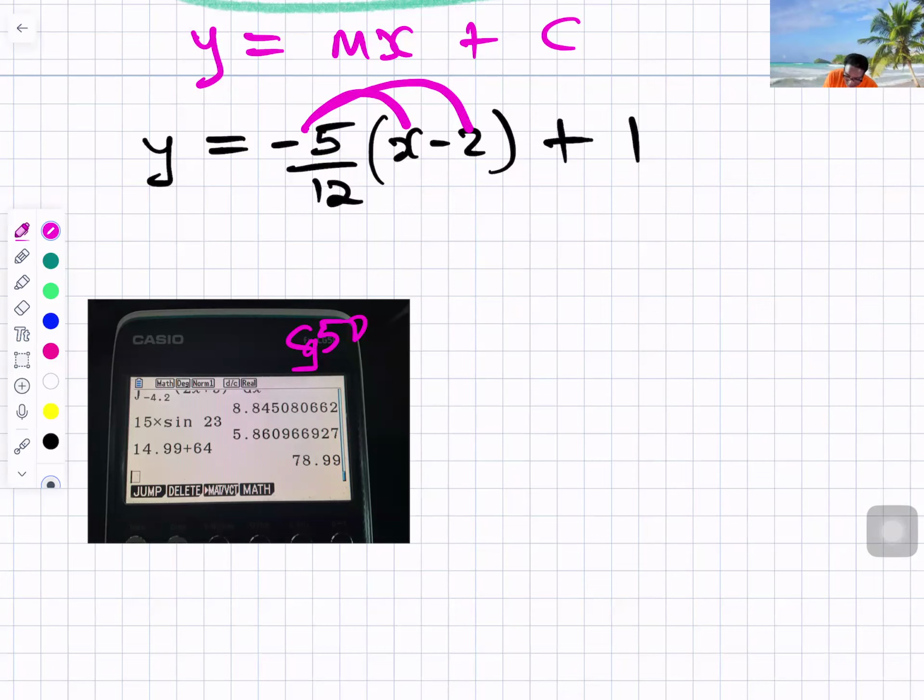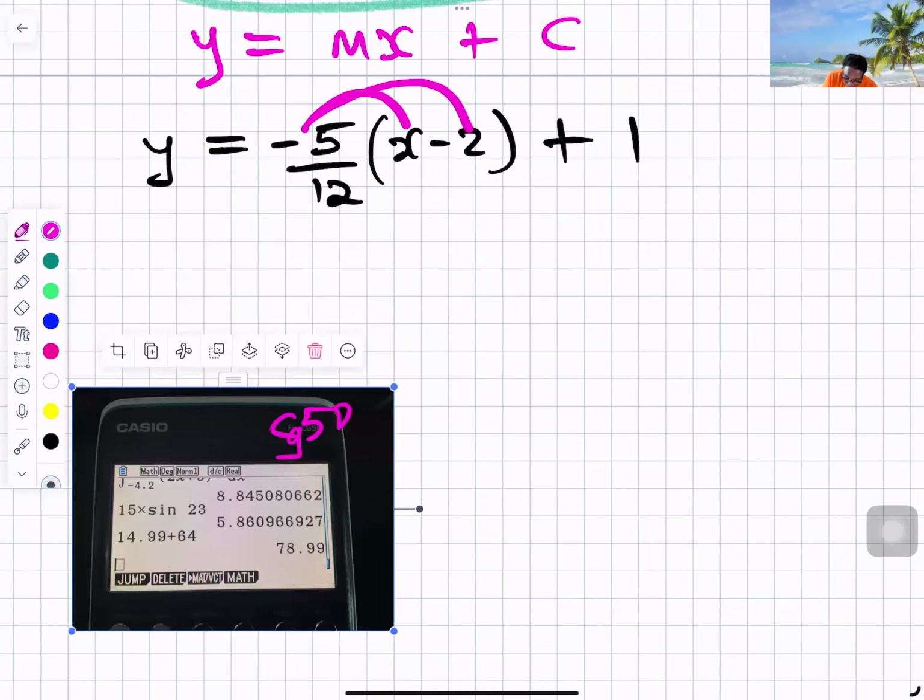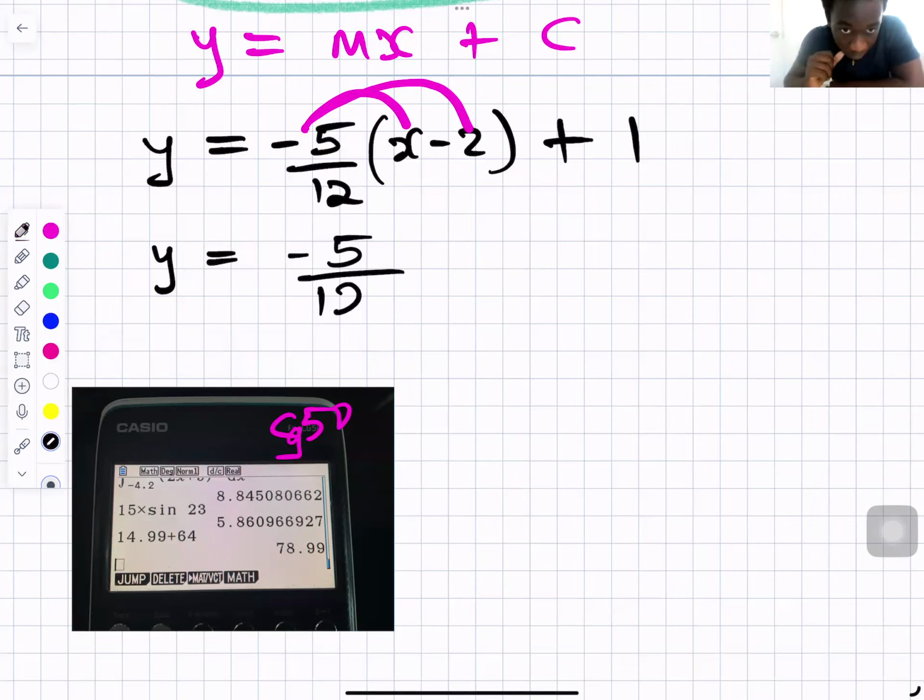Okay, solve that, remove the bracket using the calculator. So what's minus 5 over 12 times x? It'd be minus 5 over 12x. Correct.